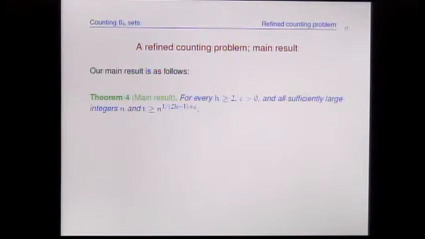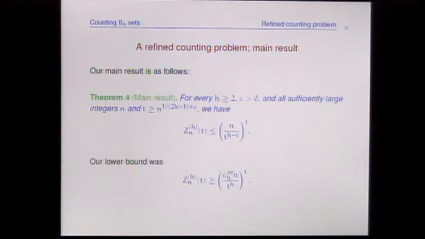When you are above it by a little bit, by epsilon in the exponent, then you actually have a bound of the form n divided by T to the h to the T-th power. And again, the lower bound was like this, n over T to the h raised to T. Okay, right.